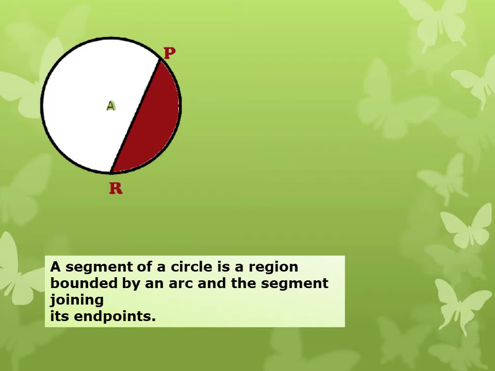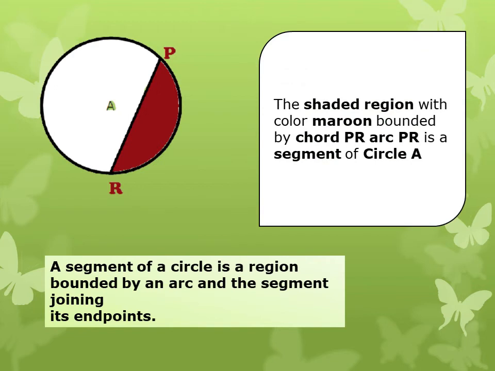It means that it is a part of a circle bounded by a chord and the arc with the same two endpoints. The shaded region in maroon, bounded by chord PR and arc PR, is a segment of circle A.